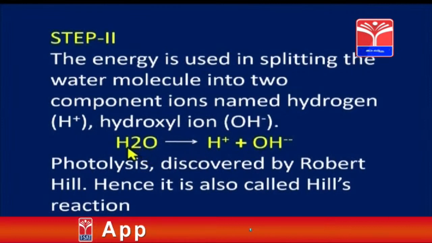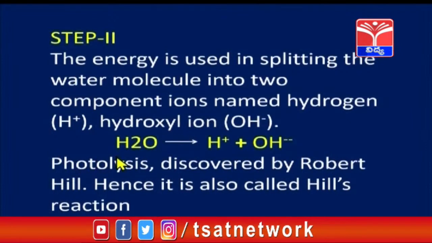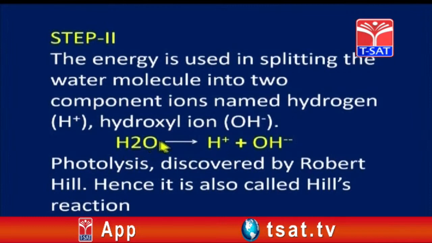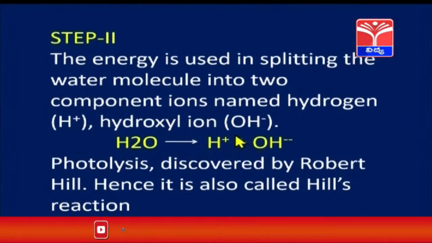And because of the breaking of the water, that is H2O, we are calling it photolysis in the presence of light. Photo means light and lysis means breaking. Breaking of the water molecule in the presence of light is called photolysis. So, H2O is broken down to H plus and OH minus ions.